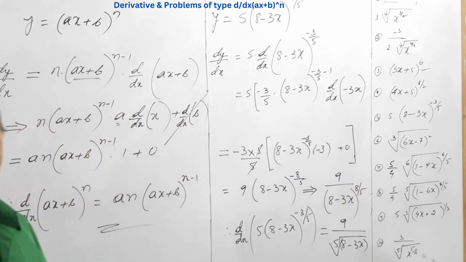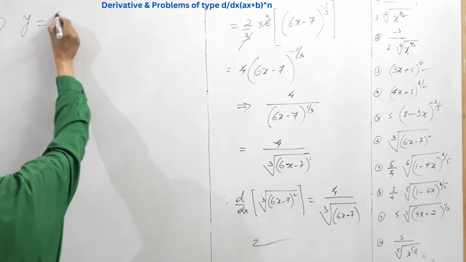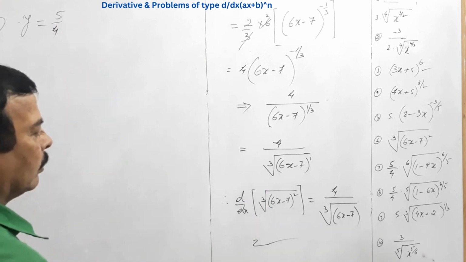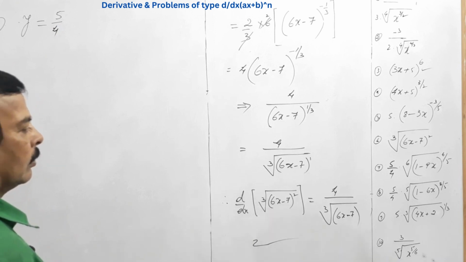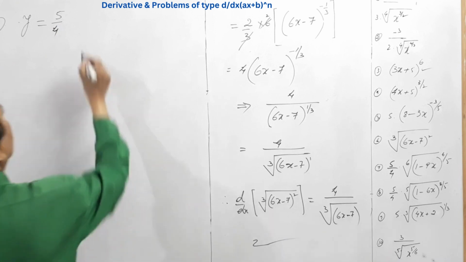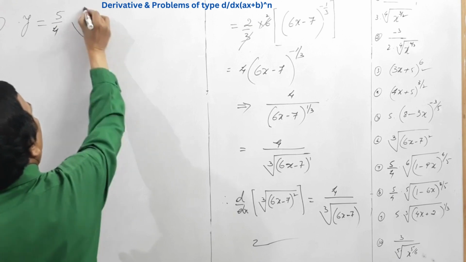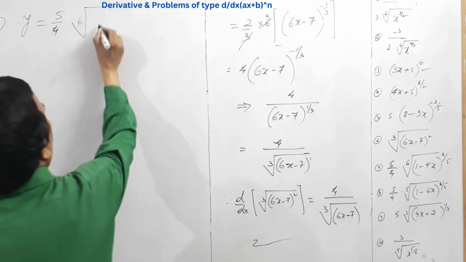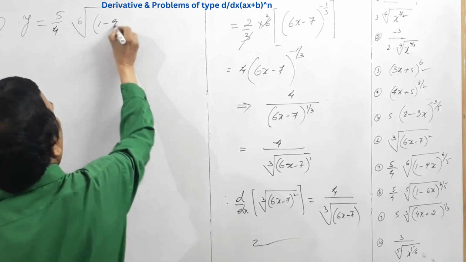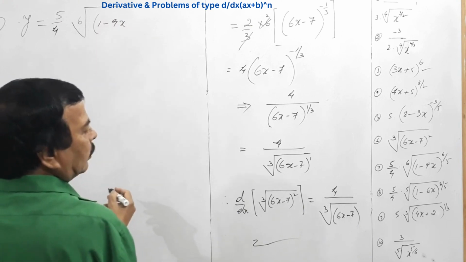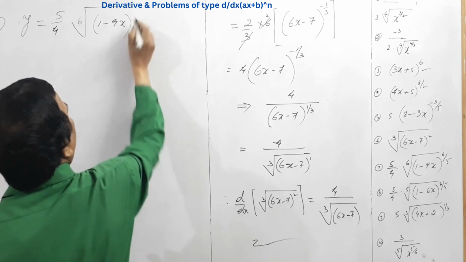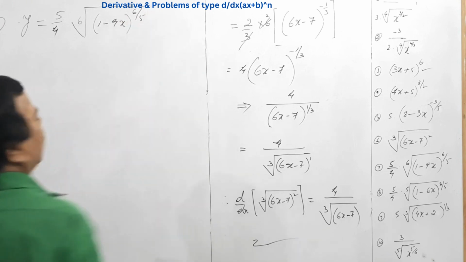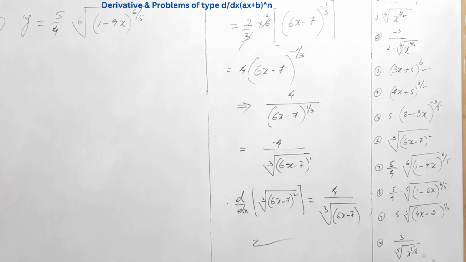This is the answer. 5 by 4, 6th root of 1 by 9, 1 by 9x to the power 6 by 5.